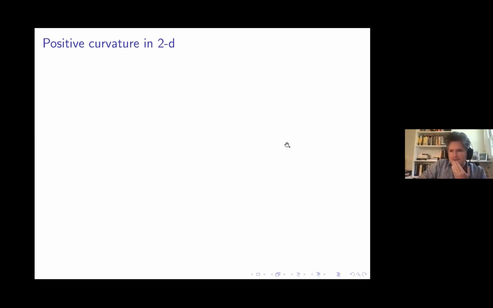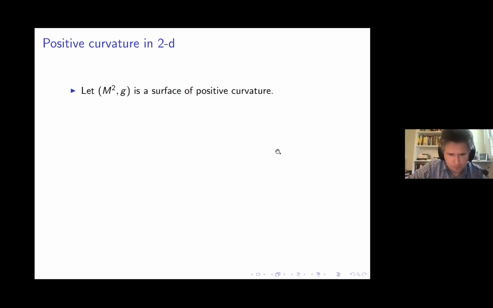So basically, in dimension 2, there's only one curvature condition, which is the Gauss curvature of a surface in this case. And I'm going to assume that I'm interested in positive curvature. So let's say that we have a closed surface with a metric of positive curvature.